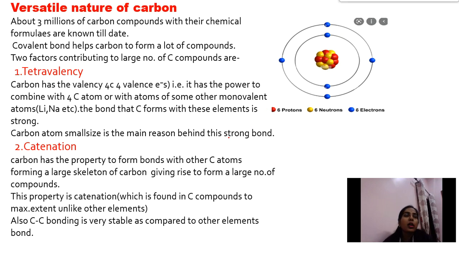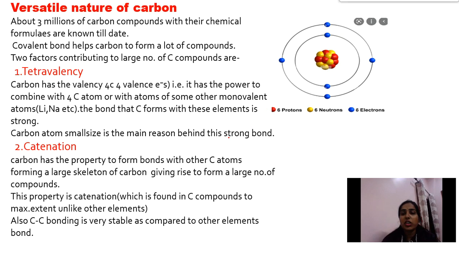These carbon compounds are very big in number as compared to other elements' compounds, and the reason behind that is the covalent bond which is found in their compounds.